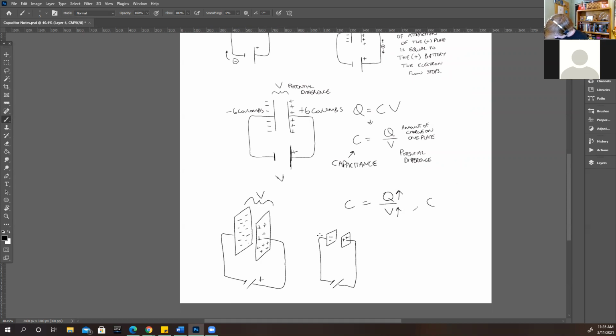Let's look at the other little example. Since there's a small amount of charge on these small capacitors, there should be a small amount of potential difference. Since these ratios, Q over V and Q over V, change equally, the capacitance doesn't change. So how would we be able to change the capacitance?